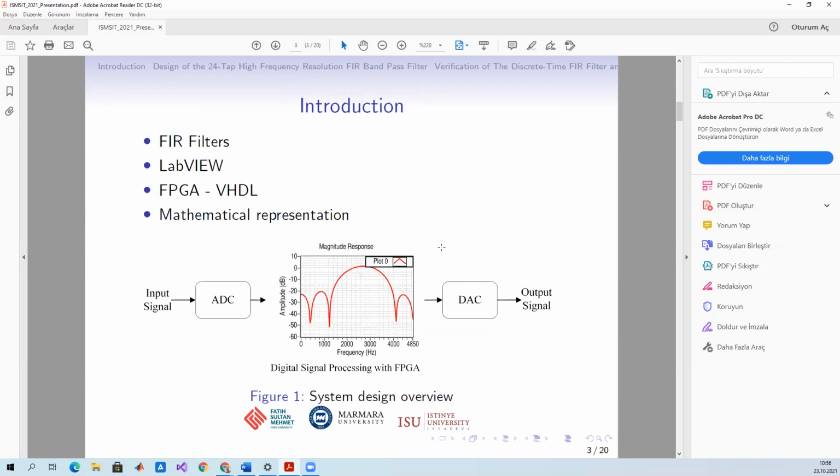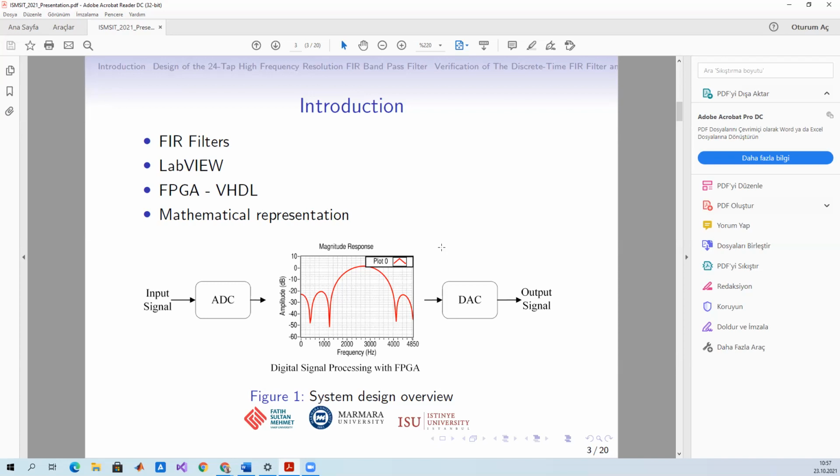So when we take a look at the introduction, what have we done? We examine high frequency resolution FIR bandpass filter design as a sample design scenario to compare a digital filter design flow based on a traditional hardware description language, which means VHDL, with a high-level design approach, such as LabVIEW.